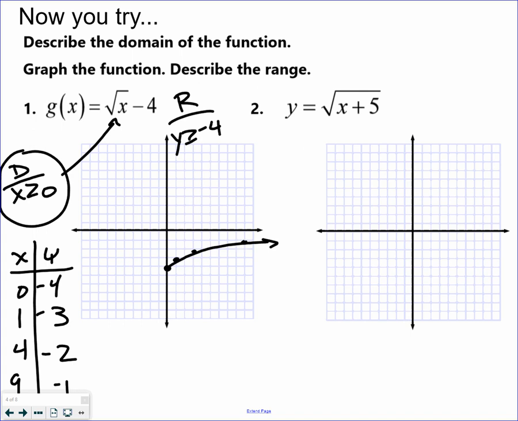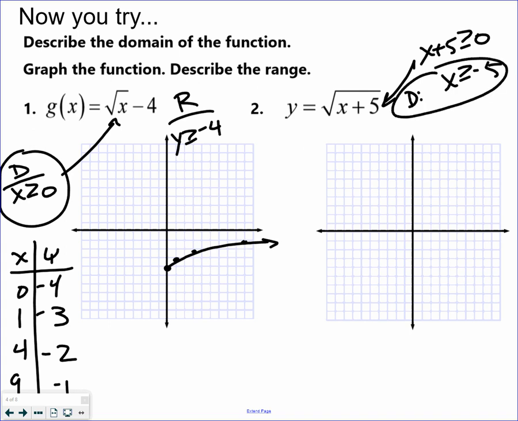Whatever is under the square root, greater than or equal to 0, that is your domain. Your XY chart then starts at negative 5 and goes up from there. So when I plug negative 5 in, negative 5 plus 5 in the square root, negative 4 plus 5 in the square root, negative 1 plus 5 in the square root, and 4 plus 5 in the square root.